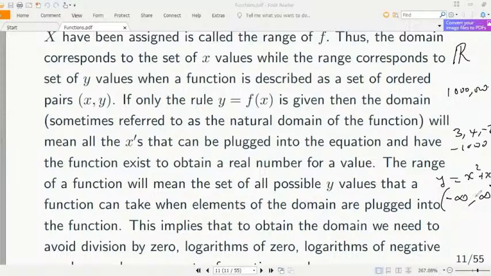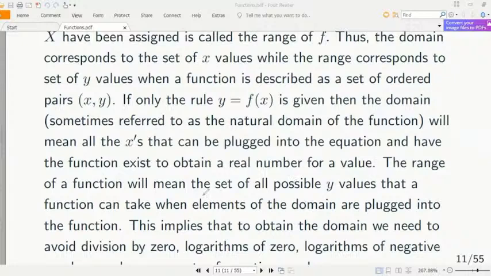No, not the range, will form the domain. All the x values that can be plugged into the function and have the function exist to obtain a real number for y, they form the domain.